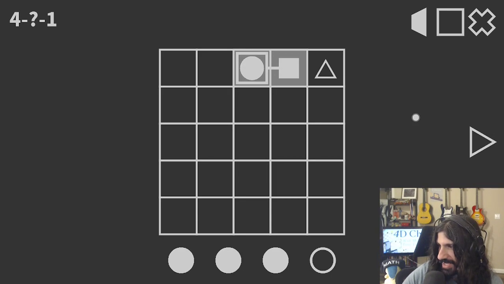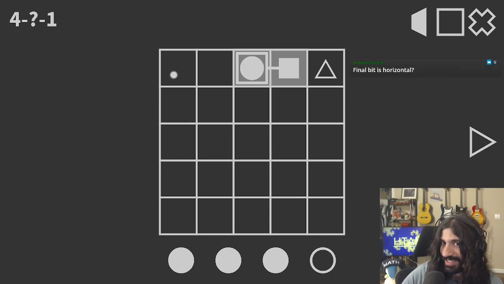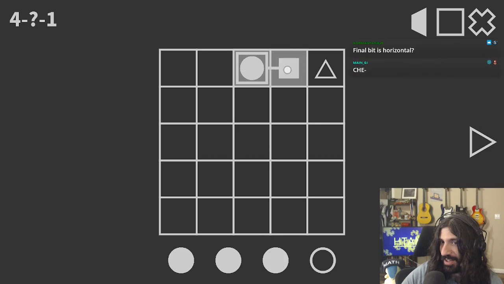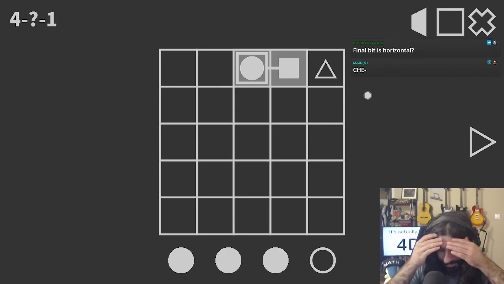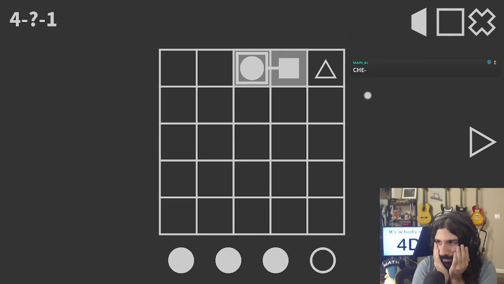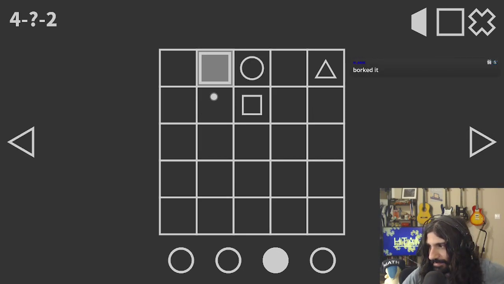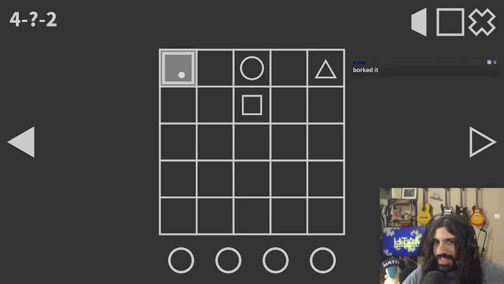Excuse me? What? The original solution no longer works? So it is one of those meta puzzles, huh? It's because of this, clearly.